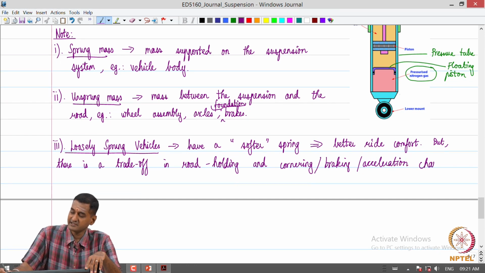So, that is the trade off that we have in a loosely sprung vehicle.